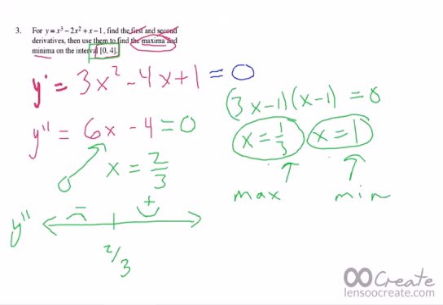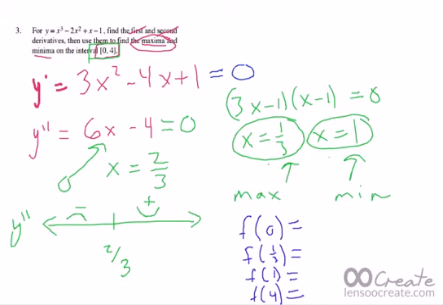The whole key to this problem, I feel, is that they asked us to discuss the interval from 0 to 4. Therefore, we need to discuss f of 0, f of 1/3, f of 1, and also f of 4 to find our maximum and minima on the interval.